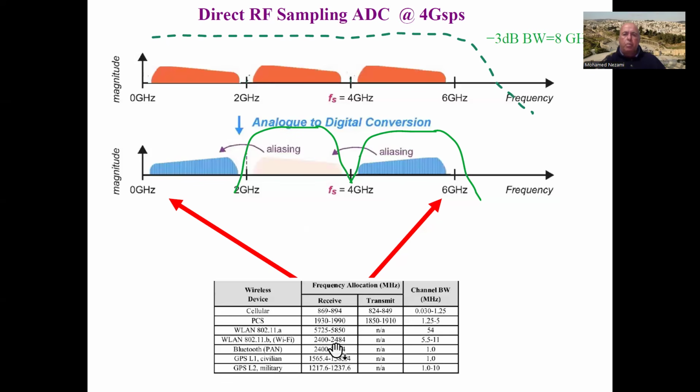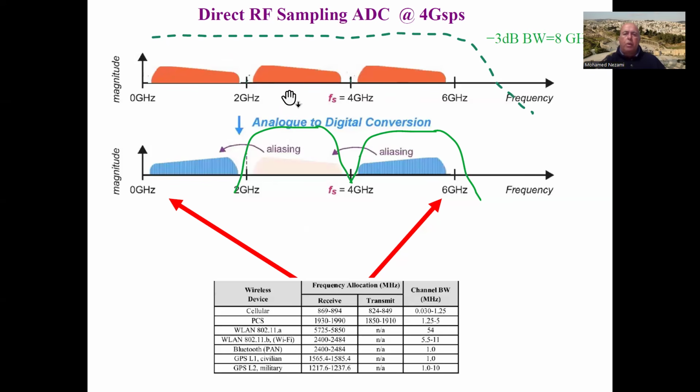you're able to see all of these signals. You can digitize them. So all of these bands from 0 hertz to 6 gig, you can subsample them with a sampling frequency of 4 gigasamples per second. And of course, the alias, you need to figure out where the alias ends up being, and so you can shift it.